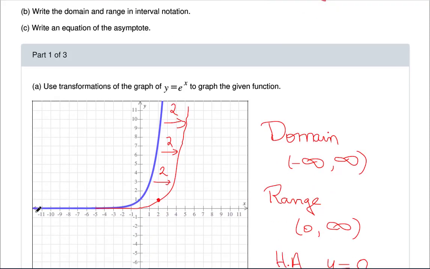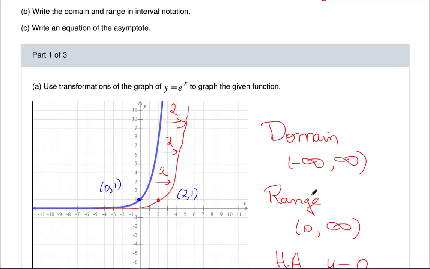So when you see the thing in blue here for normal e to the x, it looks just like every other b to the x where b is bigger than 1. And so we just get shifted over. This was at (0, 1) normally. It's now moved over by 2, and this is at (2, 1).